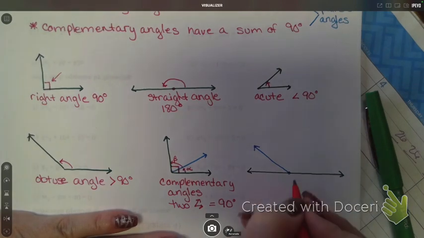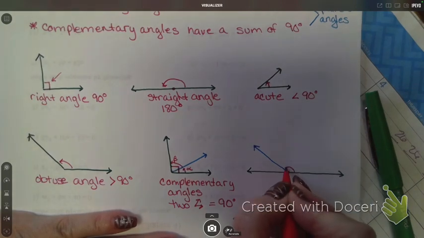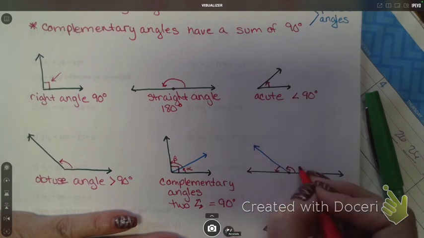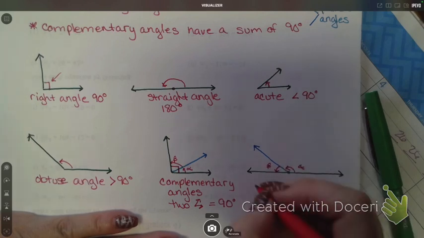So this is alpha now, and this is beta. And they're supplementary.